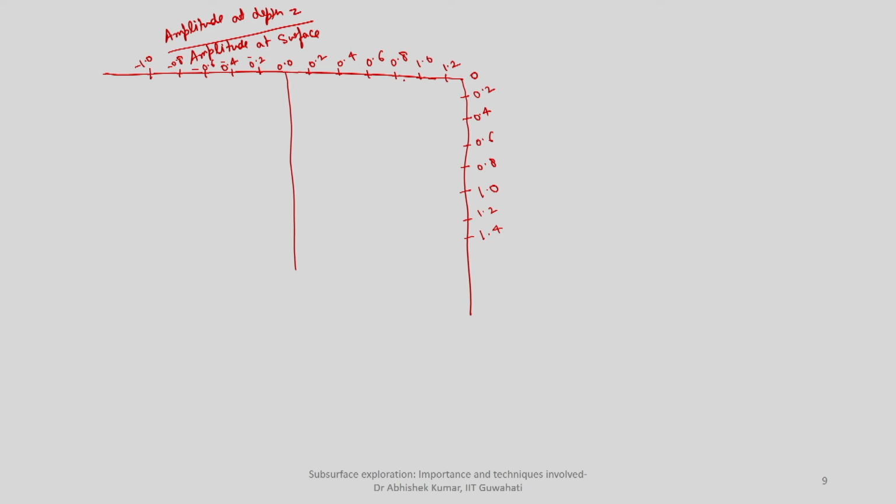Again, it is going to give you the variation with respect to depth for different Poisson's ratio material.